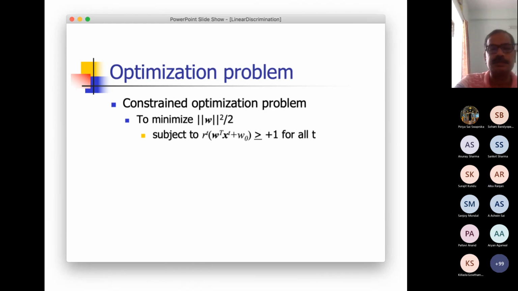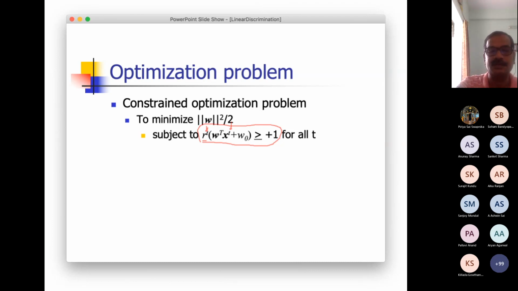Right. So this particular constraint is imposed from the data specification. As you can see, RT is basically the t-th sample. This t is a superscript. So the t-th data sample, and the t-th class label with respect to that data sample, so either +1 or -1.